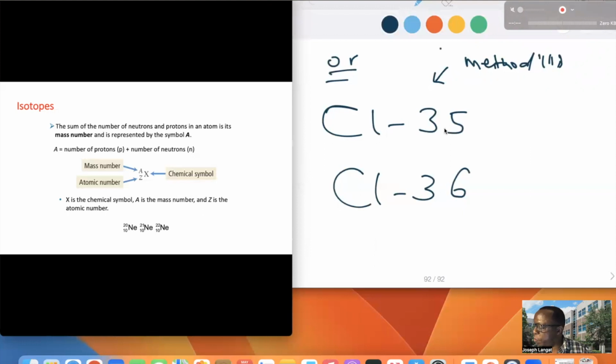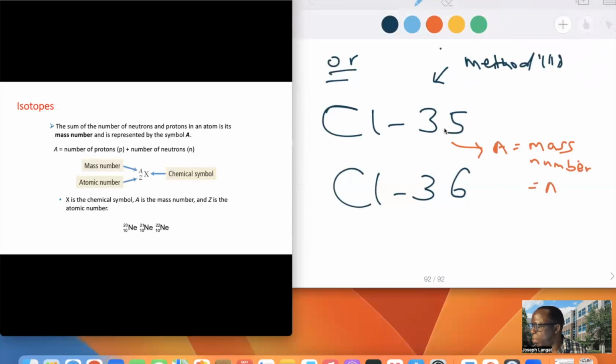This stands for A, which is the mass number, not the atomic number, which is given by the protons and neutrons.